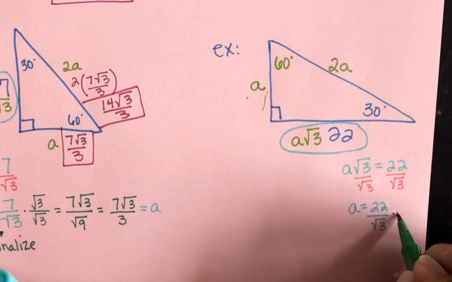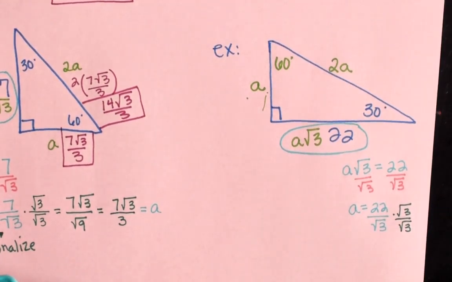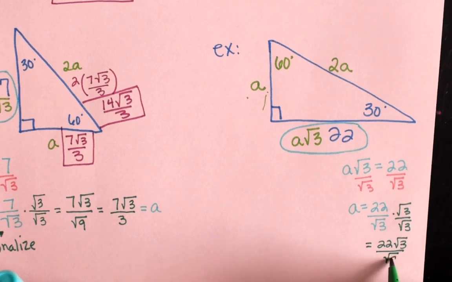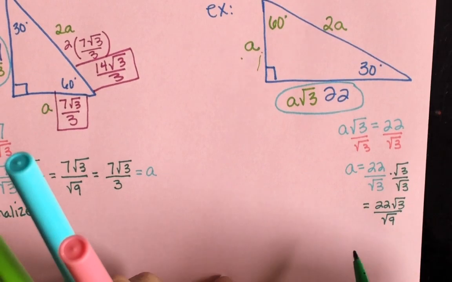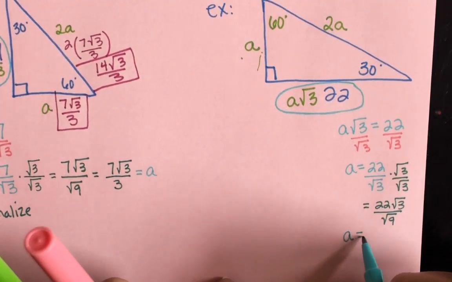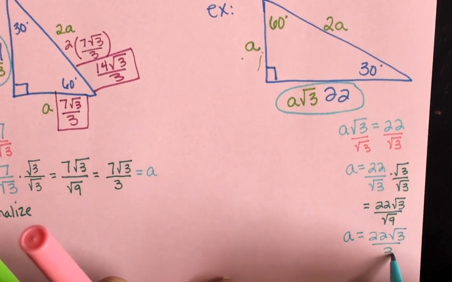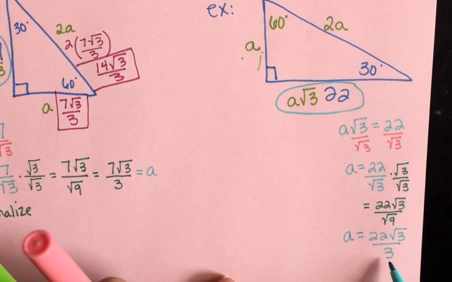That means multiply top and bottom by that radical, and we end up with 22 radical 3 over the square root of 9. Just like the pattern from before, we end up with a equals 22 radical 3 over 3. Notice the radical jumped on top and just the number inside, the radicand, is on the bottom.